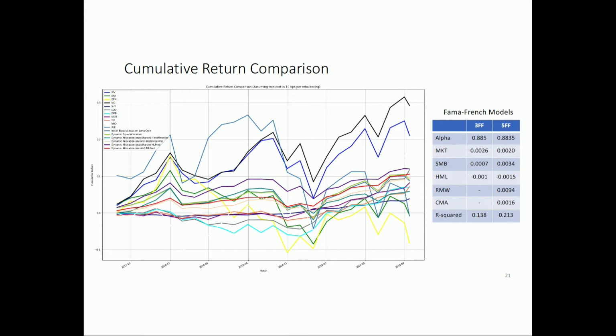You can see that even though there was a shock late last year, this portfolio is not much impacted. We also fit the P&L to the factor model, 3 factor and 5 factors. The alpha is around 0.9, and we have low beta here. The R square is around 0.2.